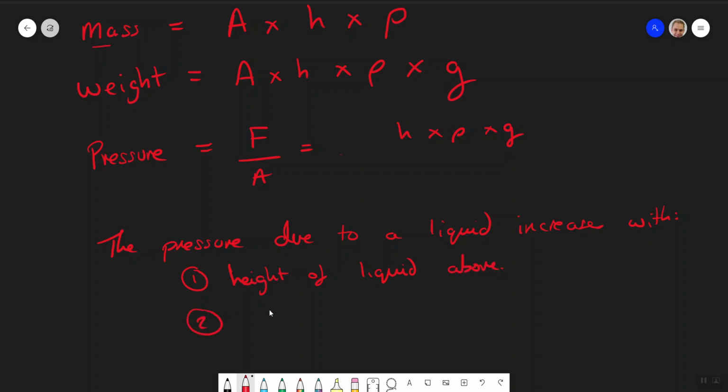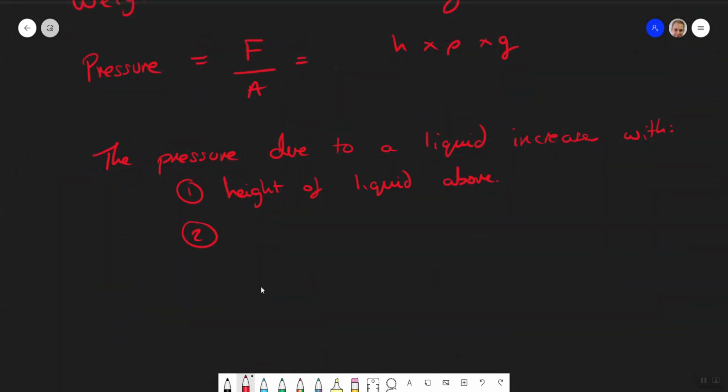The second thing is the density of the liquid. And the third thing is the strength of gravity.